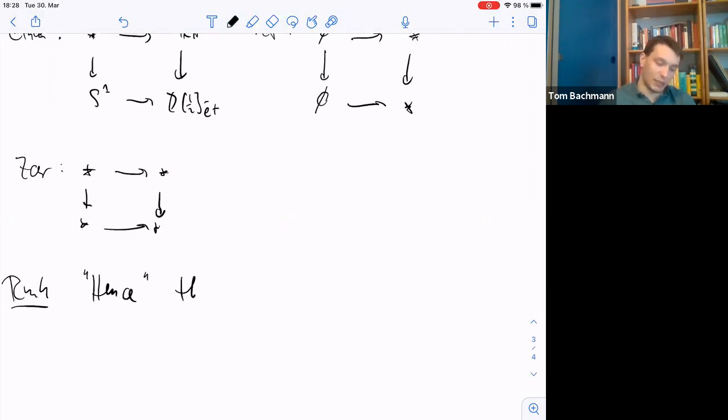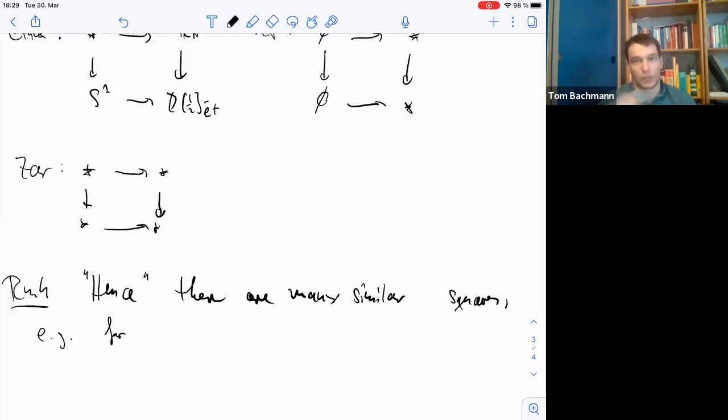But there are many similar squares. So for example, Z[1/2] is the guy which you want to replace, and then you stick in whatever fields you need to make it work. So for example, you can take something like Z[1/L], and you now need to assume that L is a regular prime.